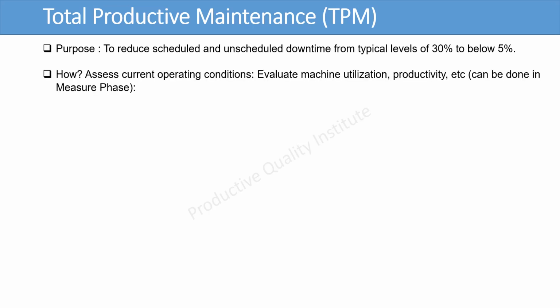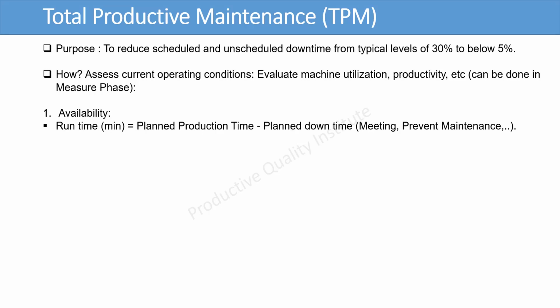How can we do that? Assess current operating conditions, evaluate machine utilization, productivity, etc. This can be done in the measure phase. First, availability.